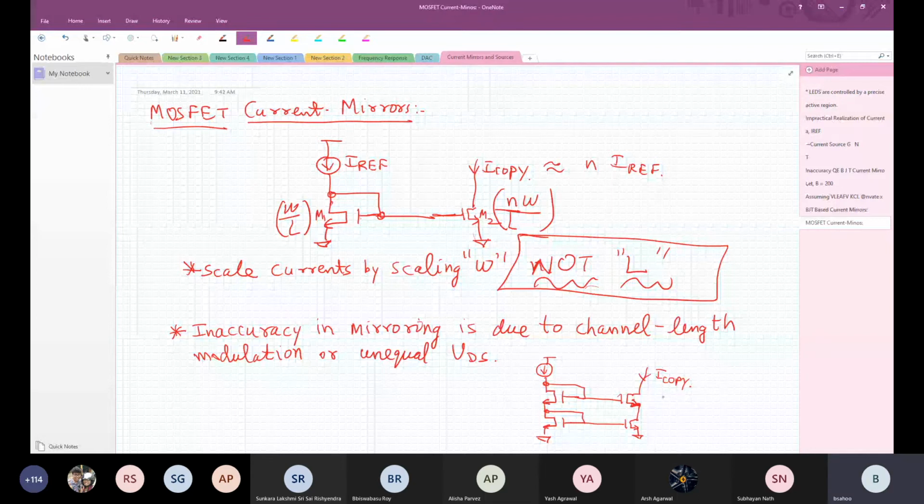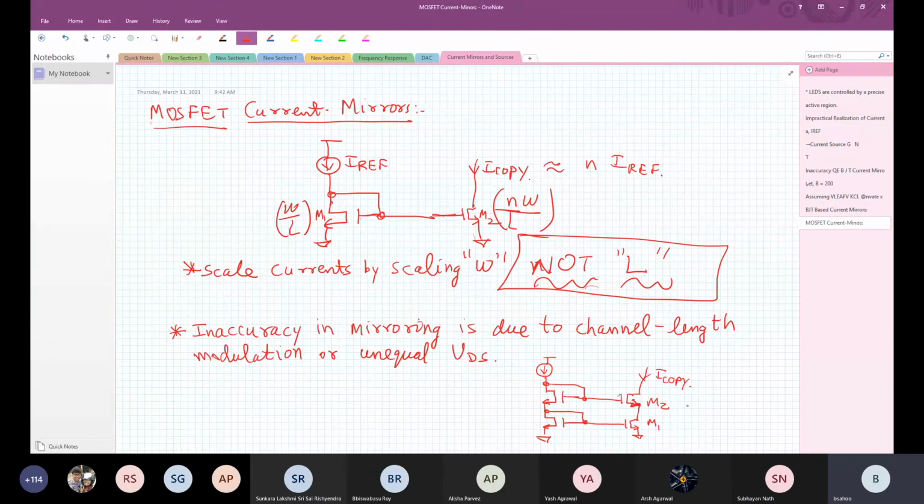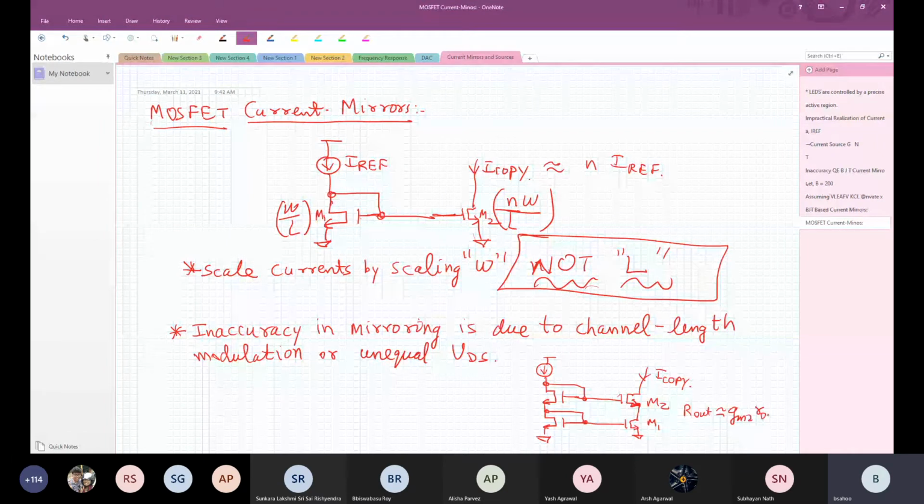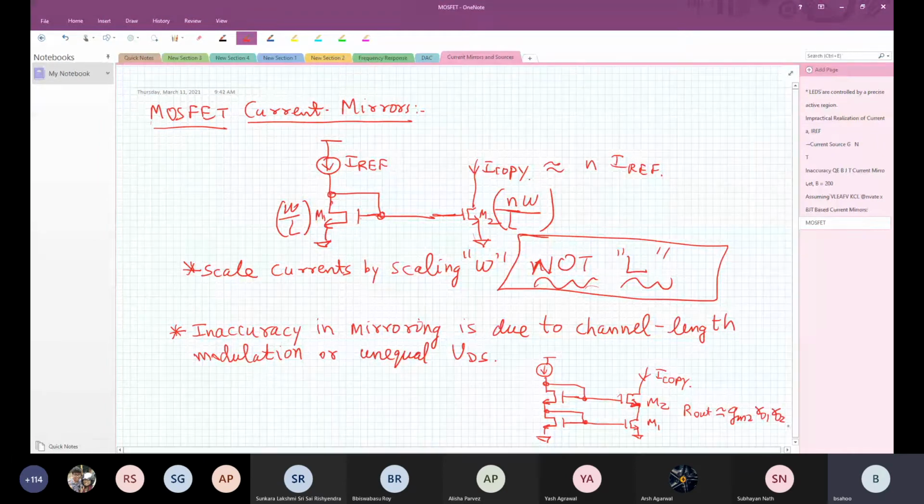Okay, so I can cascode them. That increases the output impedance. So if this is M1 and this is M2, the R out is roughly equal to GM2 RO1 RO2, right? So you have already done this part. So this increases the output impedance.